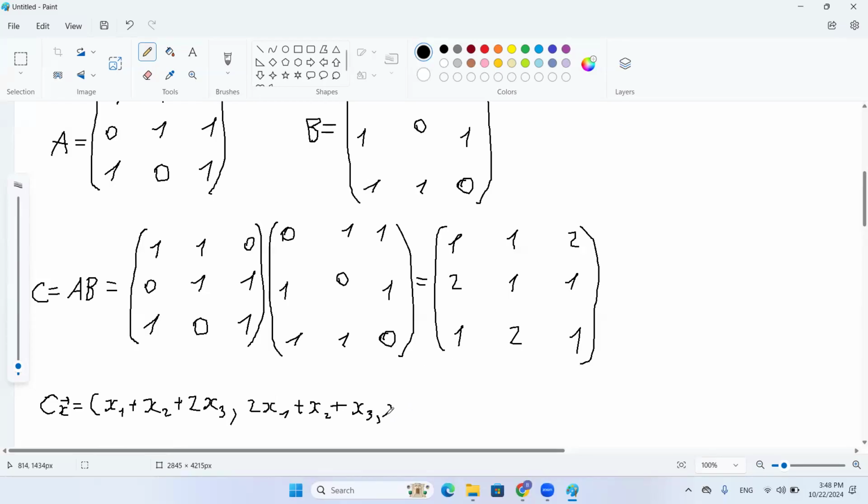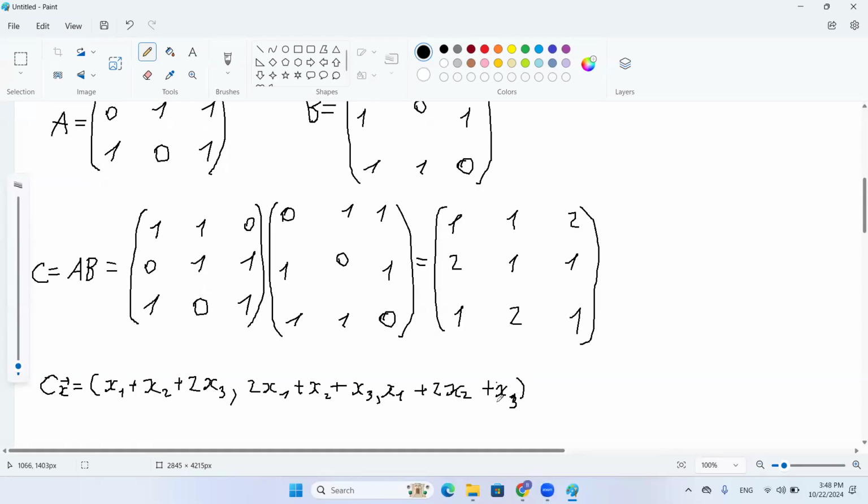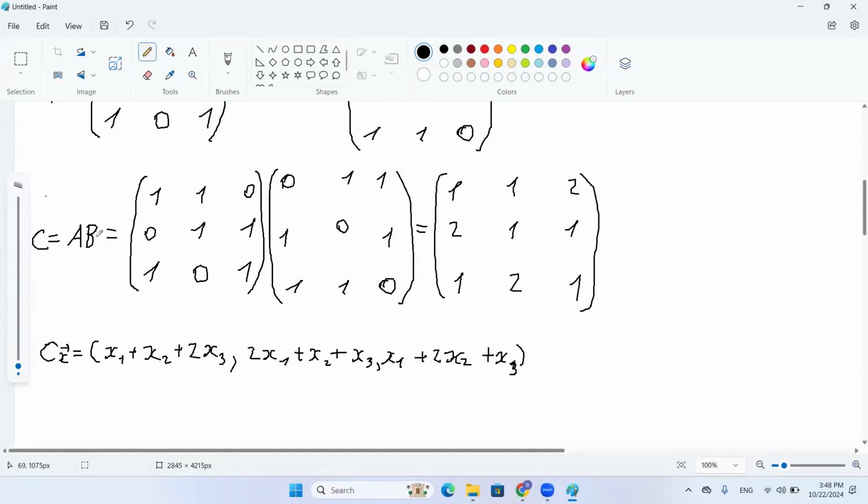And then x1 plus 2x2 plus x3, of course. Okay, so here is the operator C, the product of operators A and B, in matrix form, and here it is in explicit form. Do you have any questions about this task?